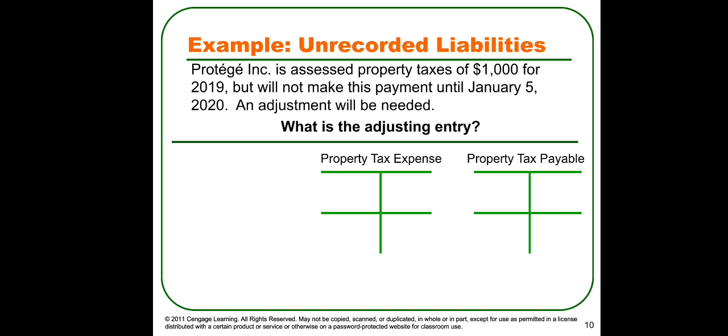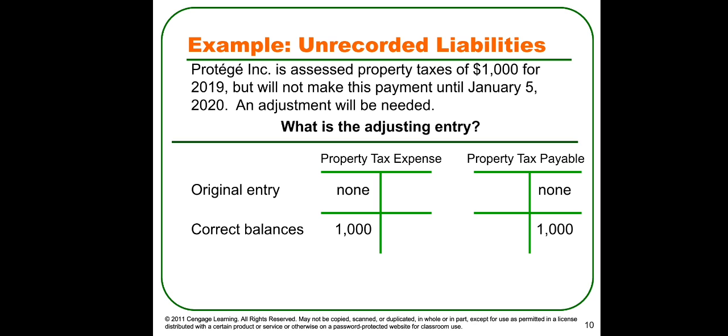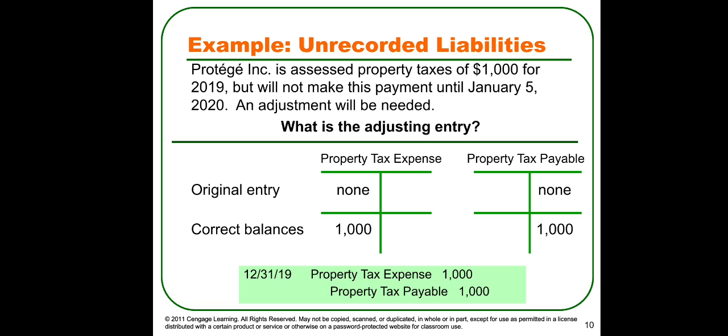So, how to do the adjusting entry for this situation? Given that the $1,000 is an expense for year 2019, then the expense has to be recorded in year 2019.